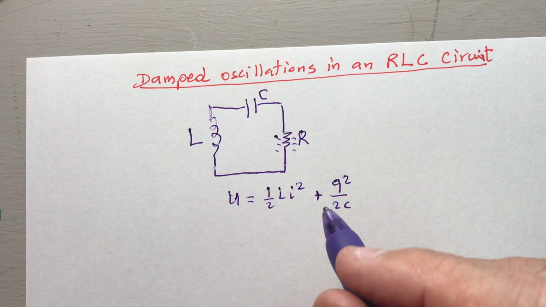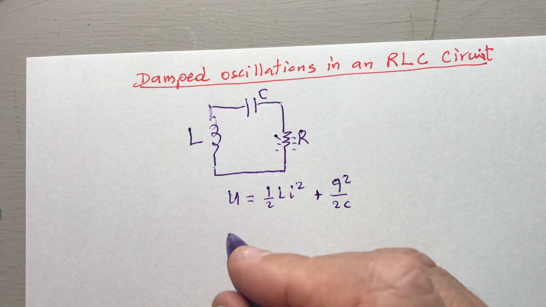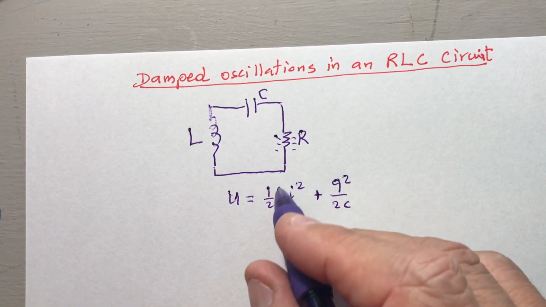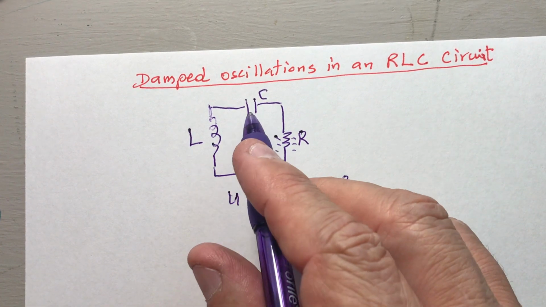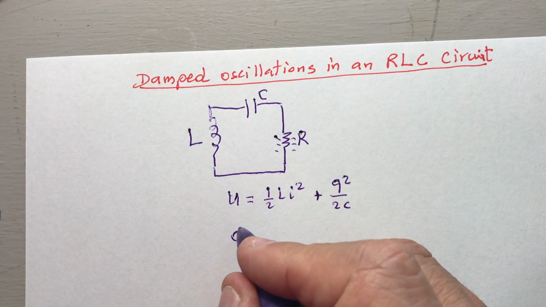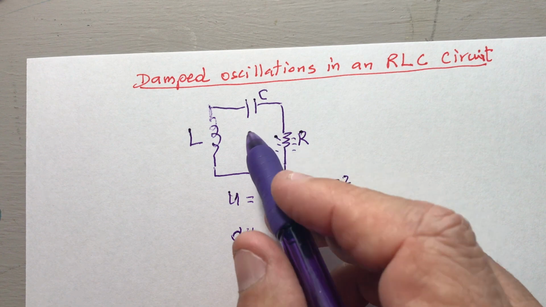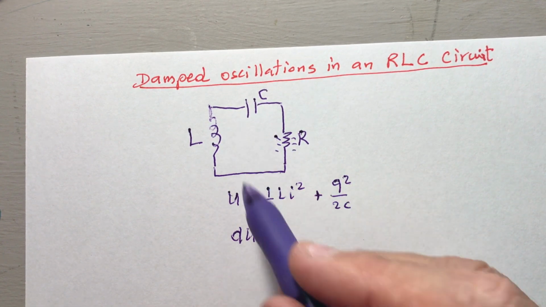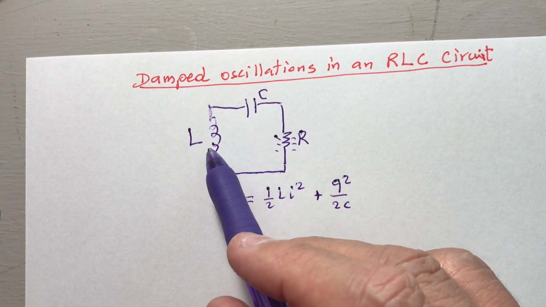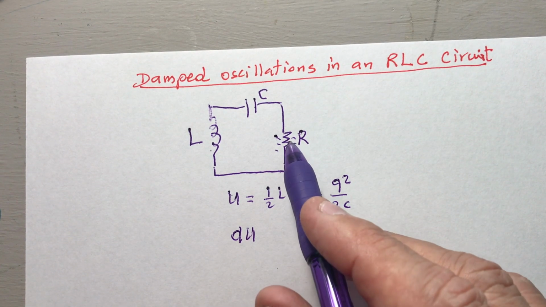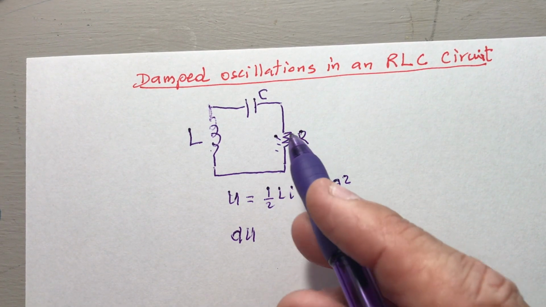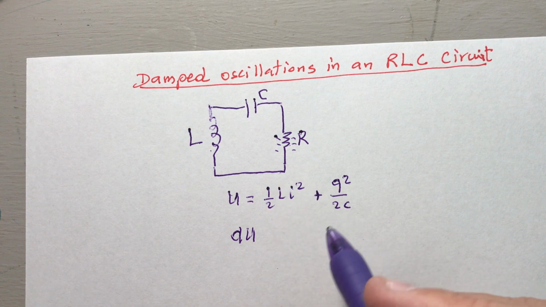So if we look at the change in the energy for the inductor and the capacitor, we put here dU. This is the energy that we have stored in the system. It's in the capacitor and the inductor, not in the resistor. The resistor, the energy just comes out of it.